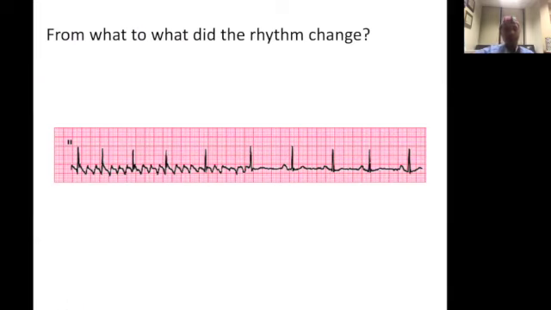Okay, another question. So it says, from what to what did this rhythm change? So again, not interested in the name, but I want you to tell me what abnormality you see here, and then what abnormality, if any, you see on the second part of the EKG. There is seesaw appearance in between the QRS complex. I don't know what you mean by seesaw. Can you describe seesaw to me?